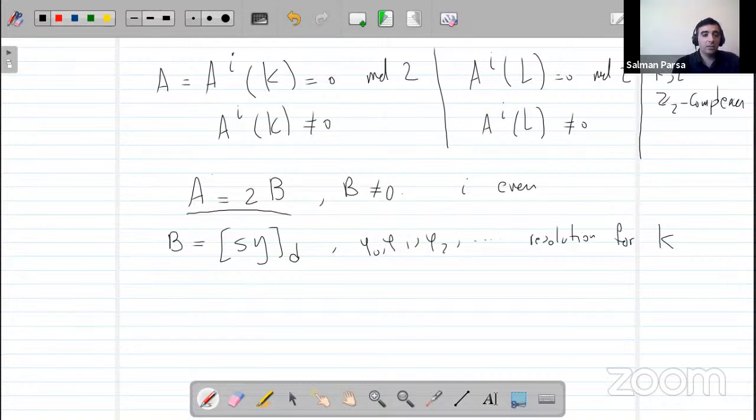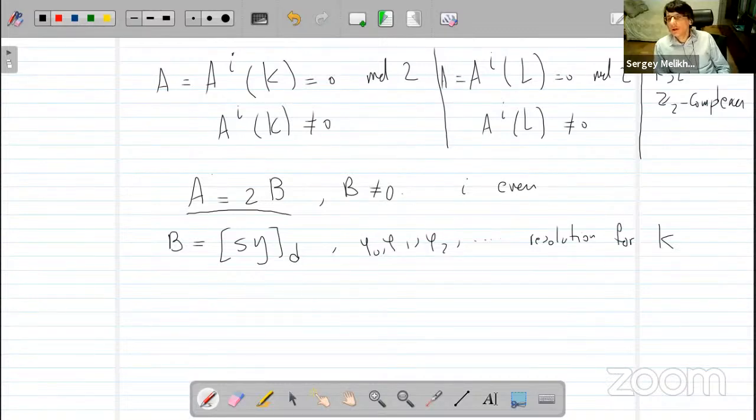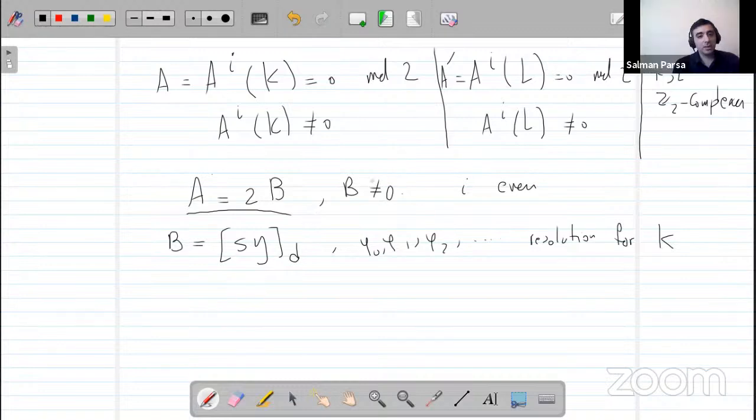So are you saying that in any such situation, when both one cohomology obstructions are 0 modulo 2, but non-zero as in general integers? Yes. I'm considering this case now.